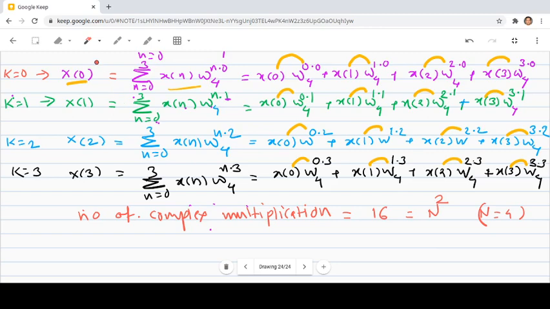Now the next job is finding the number of complex additions.